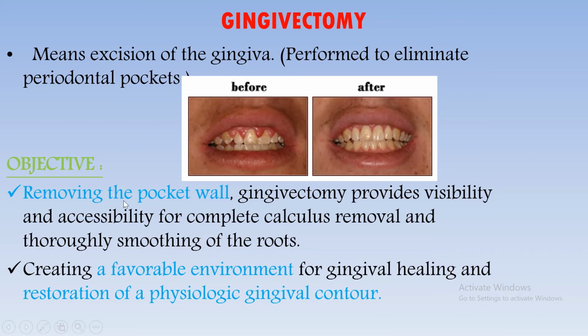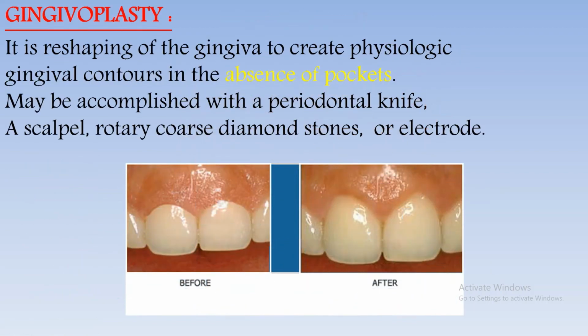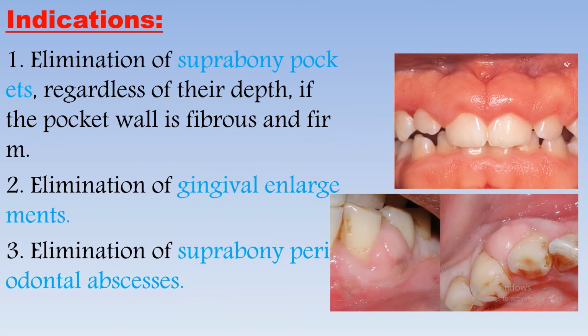Gingivectomy removes the pocket wall. We said it is a false pocket, I have no loss of attachment beyond the cemento enamel junction. The procedure is done by insertion of the probe or pocket measuring tweezer.